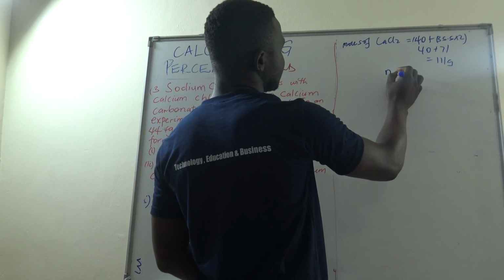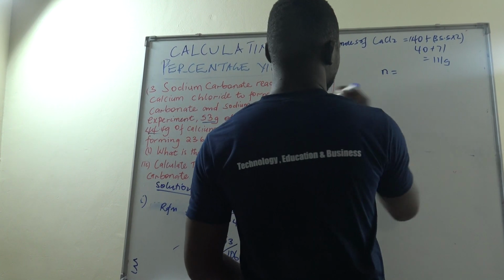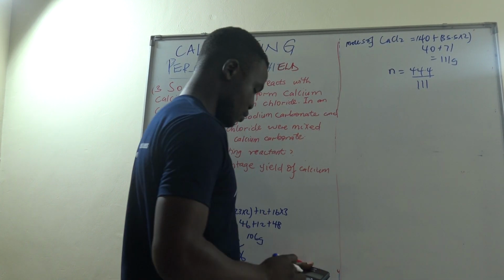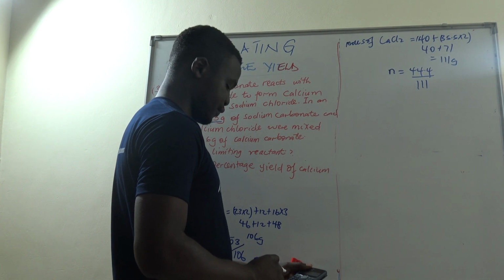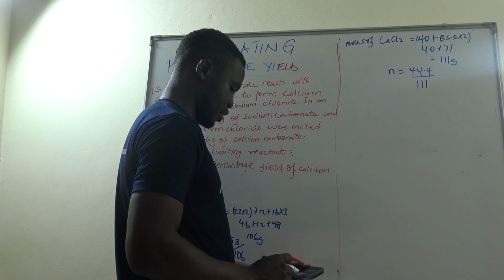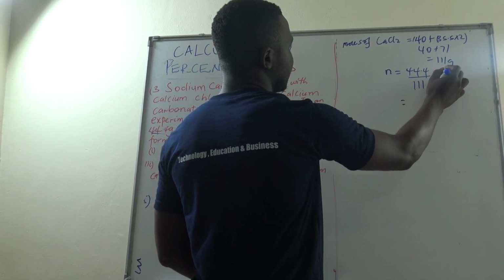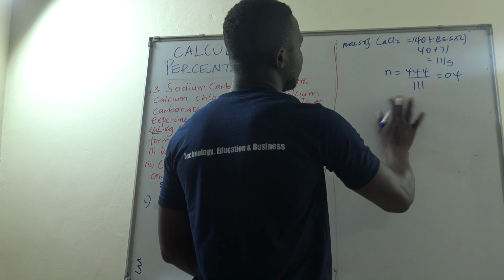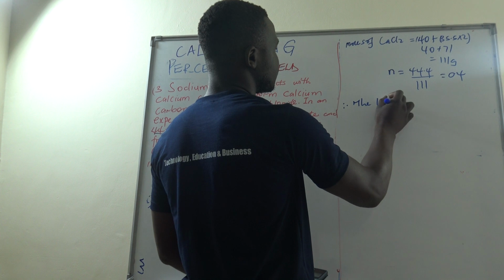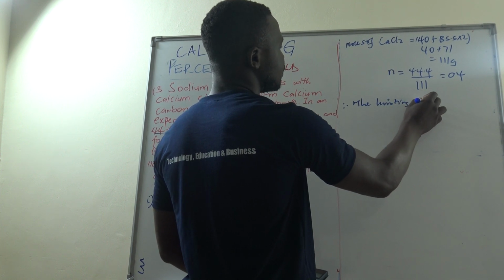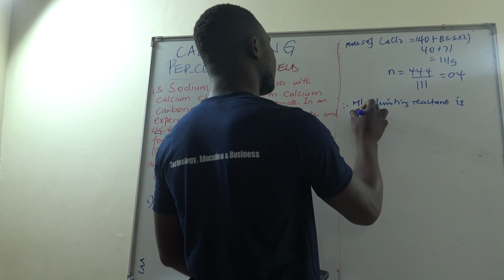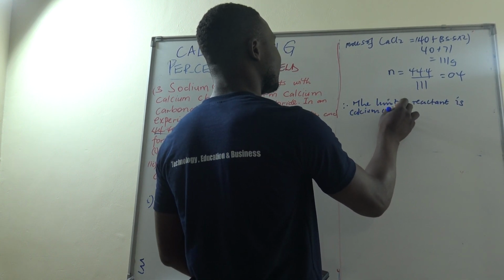So our number of moles here, in the question they talked of 44.4 divided by 111. So 44.4 divided by 111 gives me 0.4 moles. So I conclude that the limiting reactant is calcium chloride.